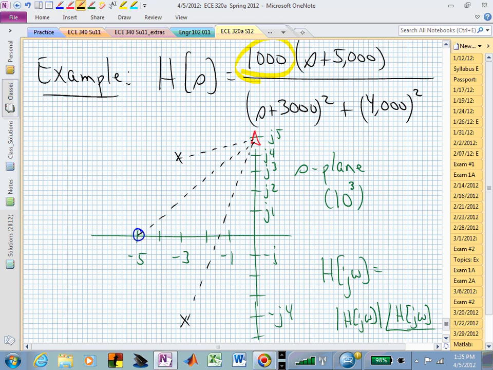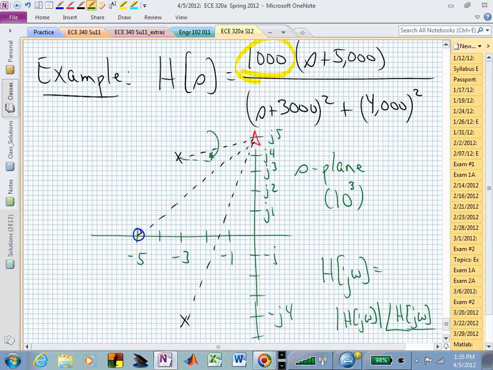So the inverse tangent of 3 would be that angle. And those angles are all downstairs. They're in the denominator, so I'm going to subtract those from the upstairs angle. And what's the angle of the gain 1,000? It has an angle of 0. It's a real number.